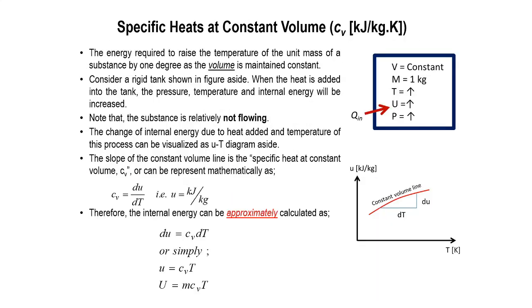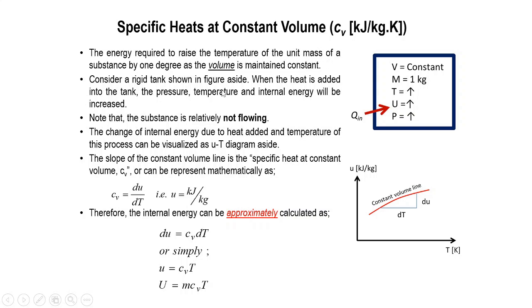The first we talk about is specific heat at constant volume, Cv. So the energy required to raise the temperature of a unit mass of a substance by 1 degree as the volume is maintained constant. So here the keyword is volume. Basically, the energy required to raise the temperature while your volume is constant.